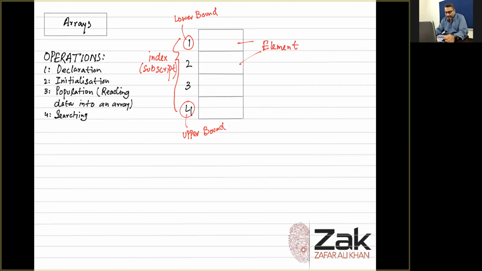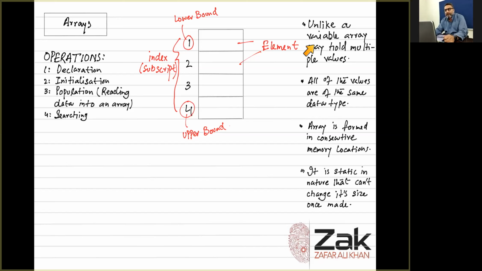System has then divided this structure into number of boxes, which are called elements, and then system numbered every division of this. Each of the number is called an index or subscript. The first box number or the first element's index is 1 and the last one is 4. The lowest index is called lower bound and the highest index is called upper bound.